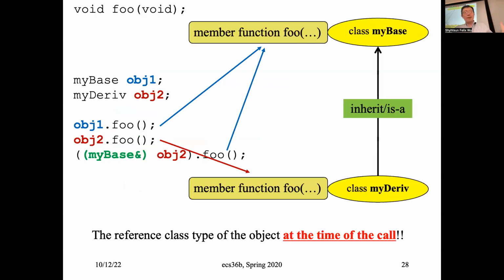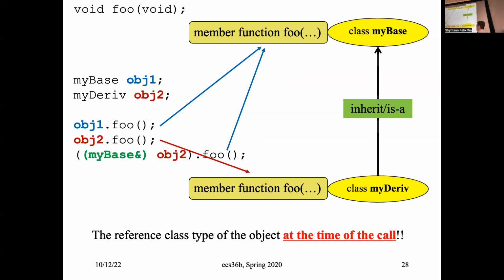Okay, so I want to tell you that it's actually a combination of both of you. Both of you hit some point on this. The first issue is if it's a non-virtual function, then when I determine which function I'm going to call, it's at the time when I make the call.